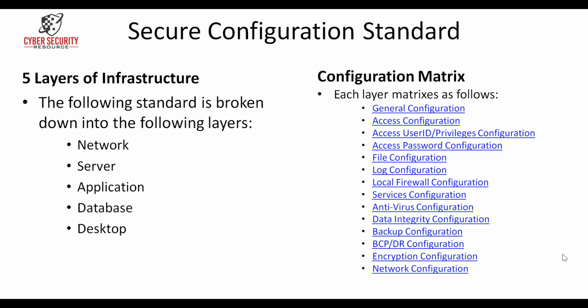Password configuration, file configuration, any log configuration, firewalls that need to be in place, services that need to be a part of those, antivirus. Data integrity configuration is key. Backup and BCP, which is business continuity practices, and disaster recovery configuration. Encryption and network configuration. All right. So it's going to go across all of those components here.